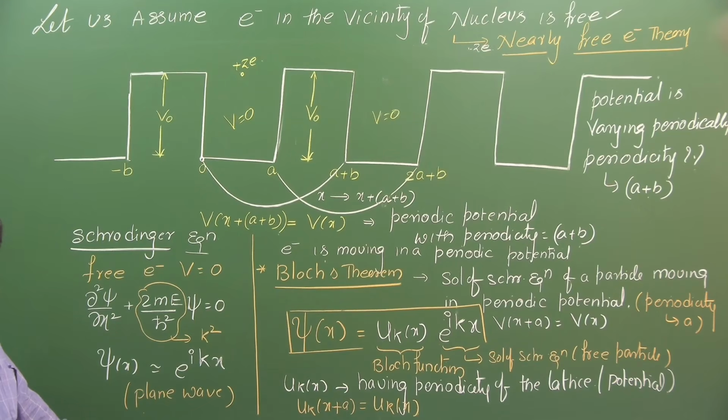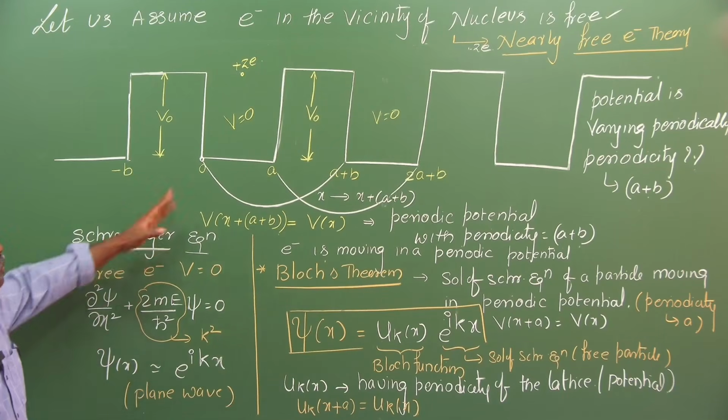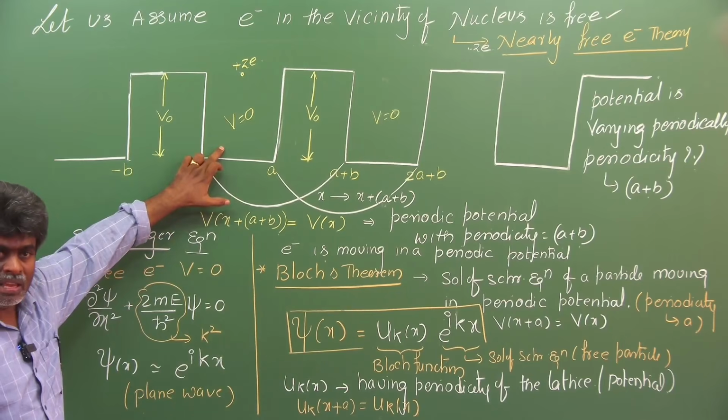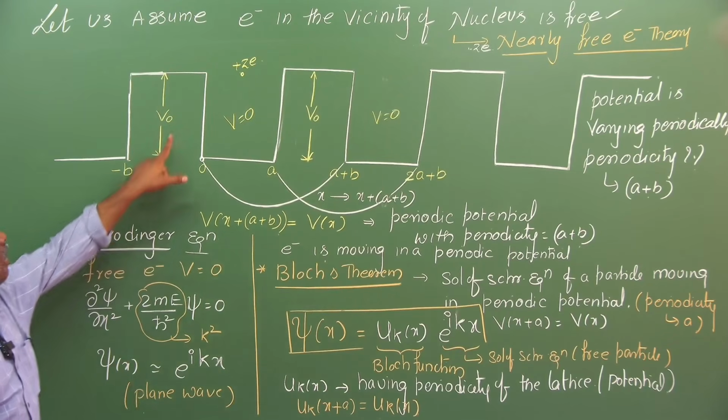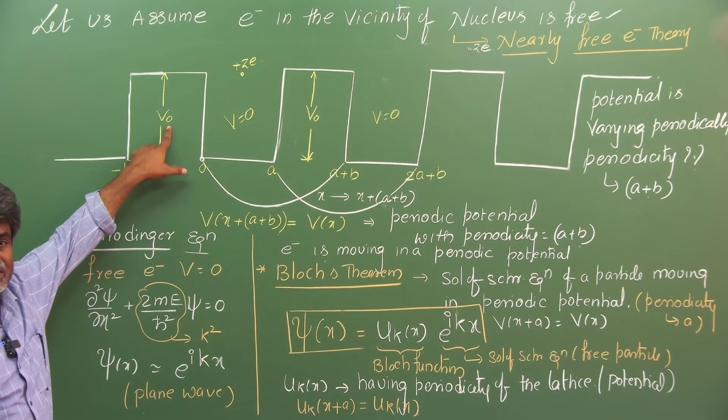Did I solve anything till now? Then why are you asking? Did I apply the Schrodinger equation till now? Then why are you asking? I didn't apply any Schrodinger equation to this. Did I apply? Sit down. I have not taken any Schrodinger equation for this. Then why are you talking about that?